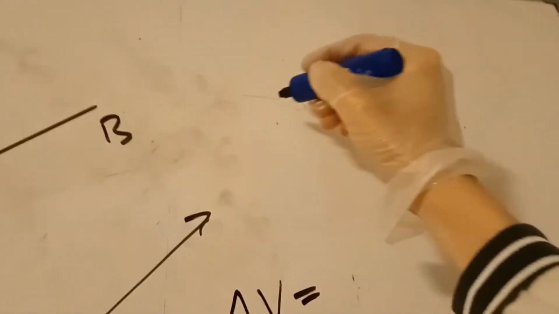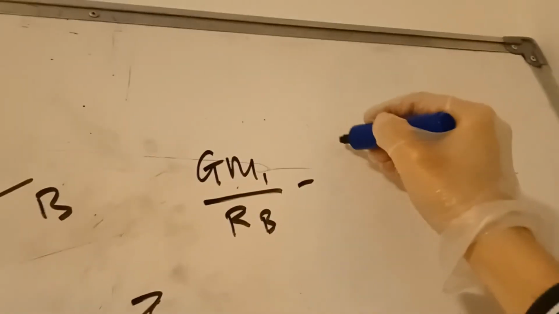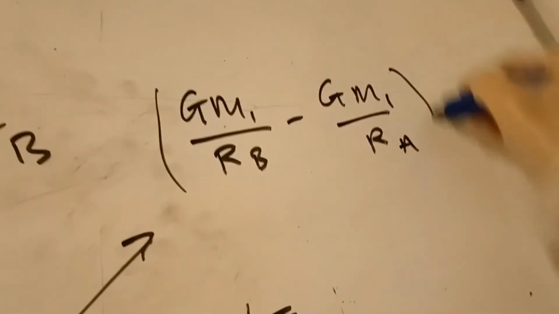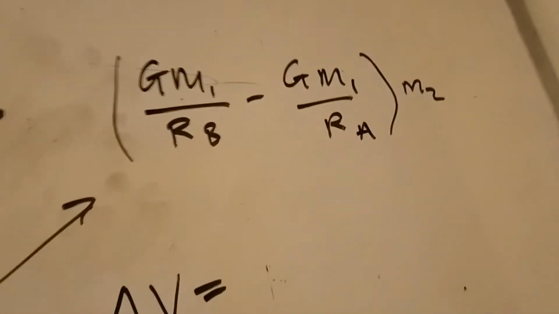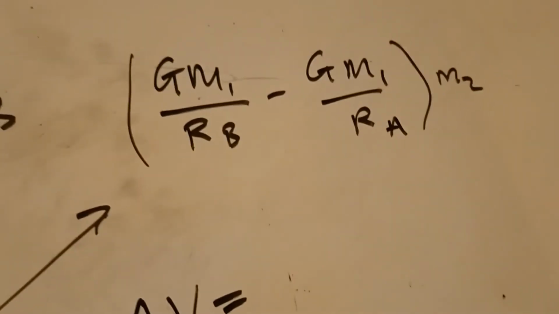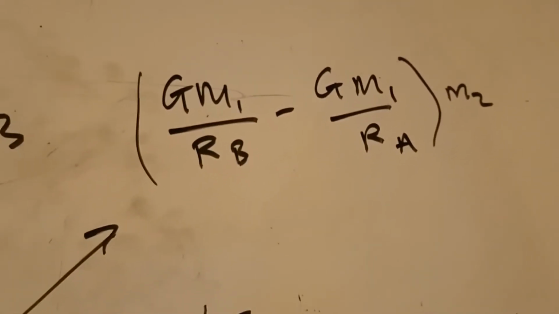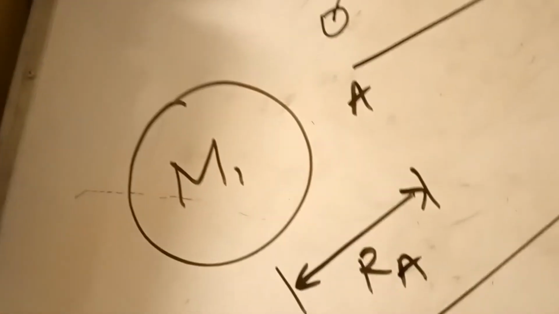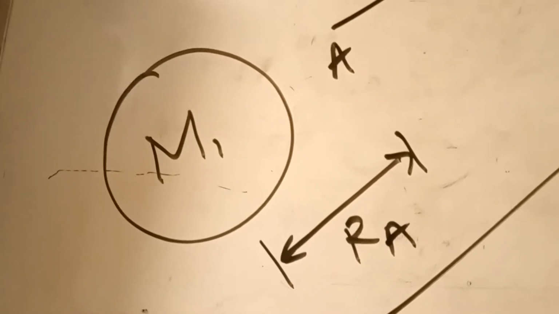It would be G m1 over RB minus G m1 over RA. Because it's per unit mass, you need to multiply by m2. Now that would be the work done by gravity, and that would be negative, and for you it would be positive because you are doing the work against the gravitational field, and the field is doing negative work.